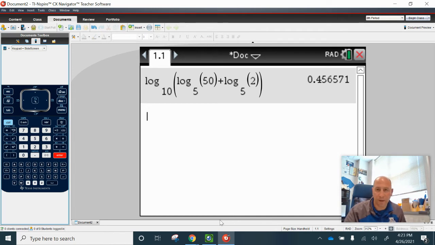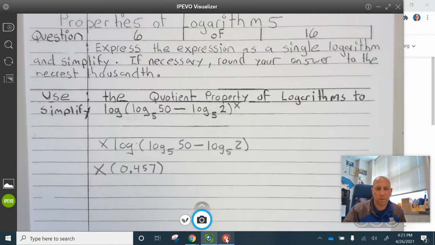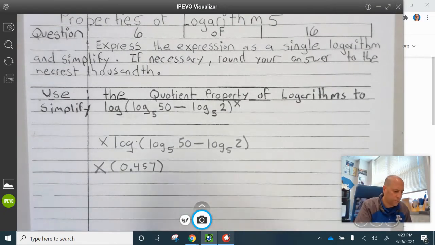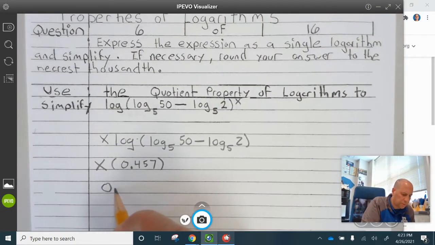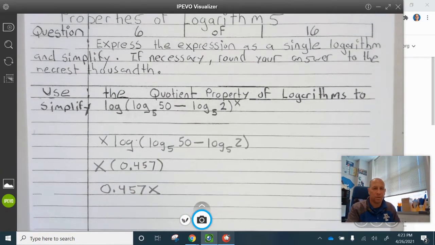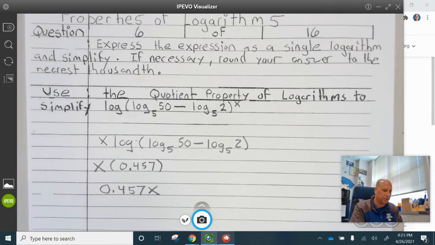They want the nearest thousand, so 0.457. So then that's just 0.457 times x. All right, go ahead and finish up question 6 of 16.